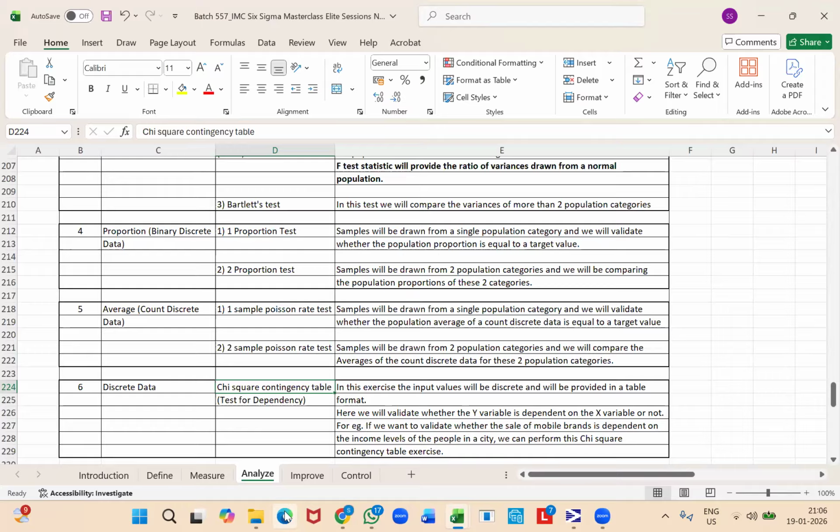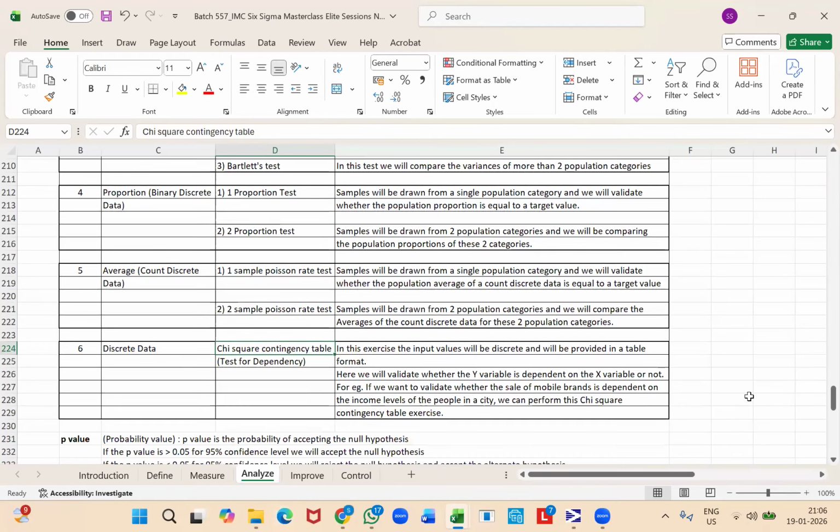So we would be validating whether the y variable is dependent on the x variable or not in this chi-square contingency table exercise. In a chi-square contingency table, the input values will be given in a table format. And if you say table, obviously we need to understand there will be a minimum of two rows and two columns.